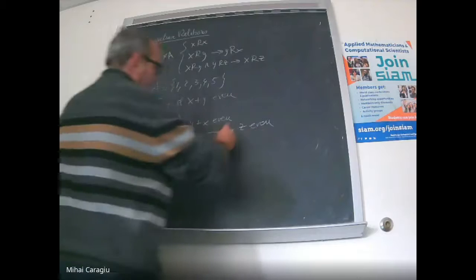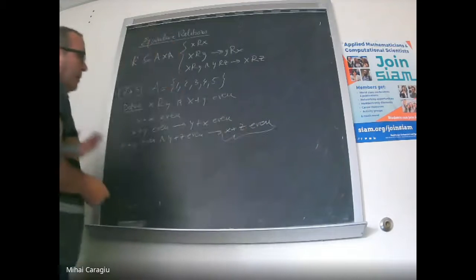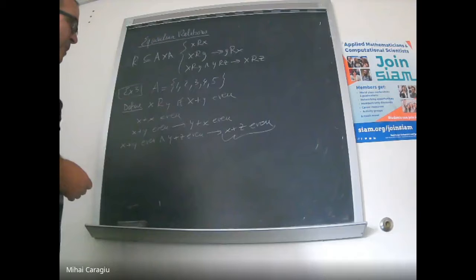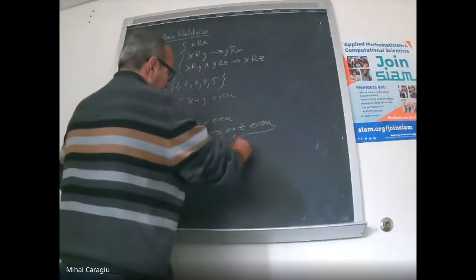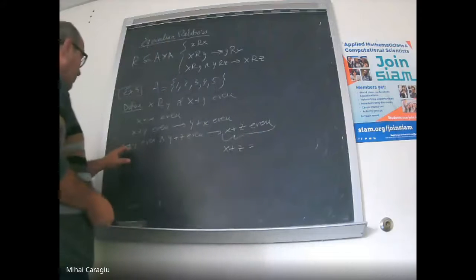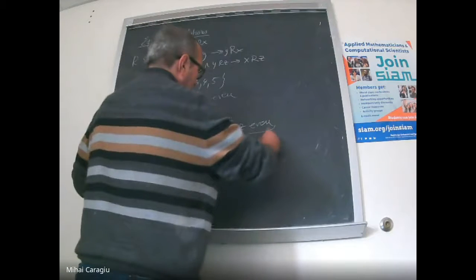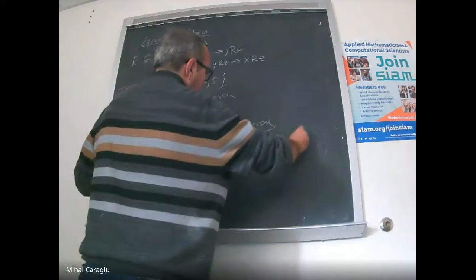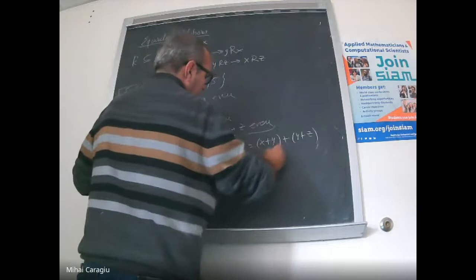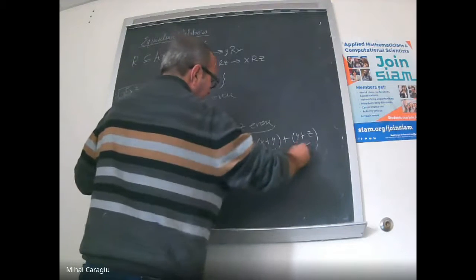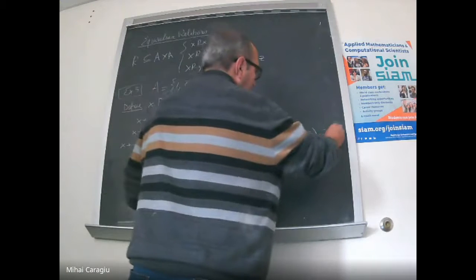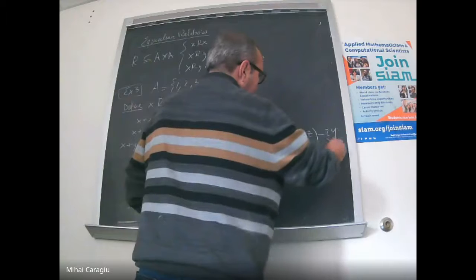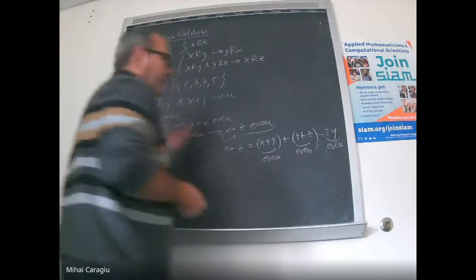How do we prove this? Well, the proof is to write x plus z as a combination of those two. If we add these two together, we get x plus y plus y plus z. These are both even. But then minus 2y is again even, because it is a multiple of 2.